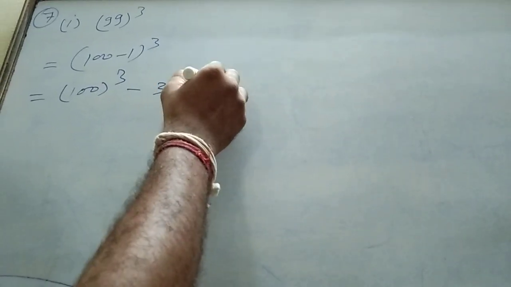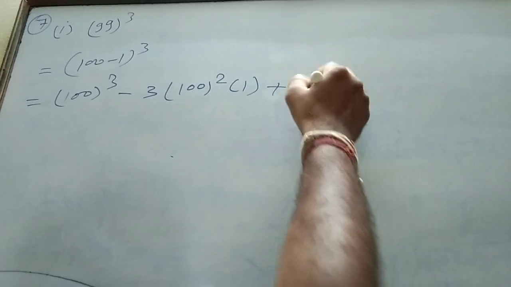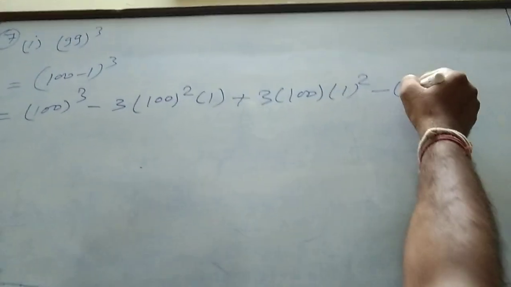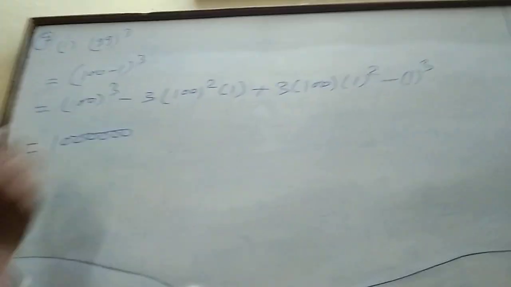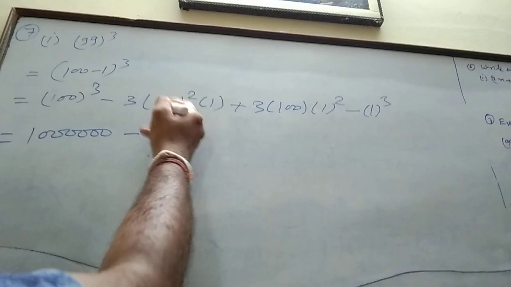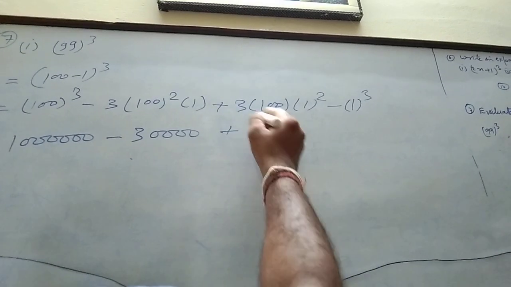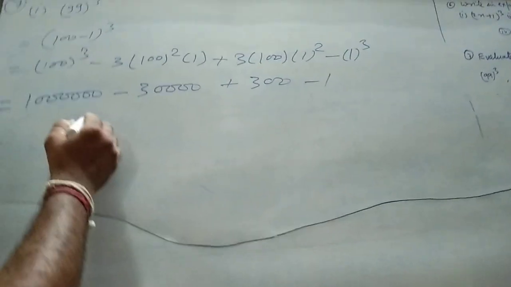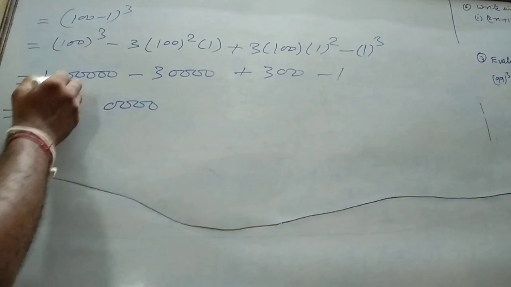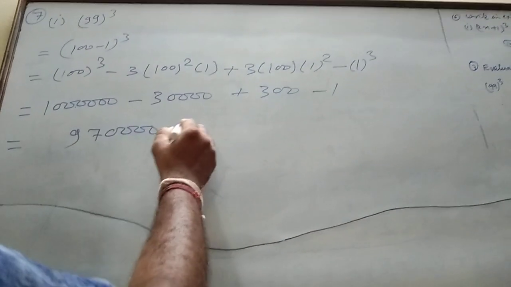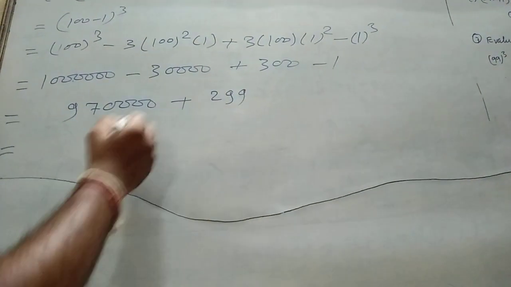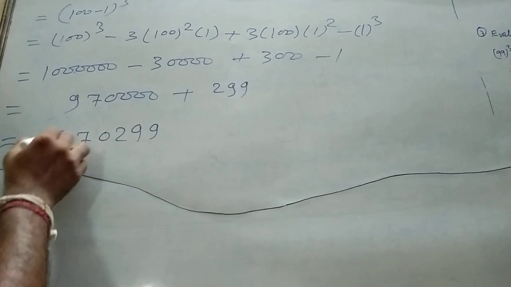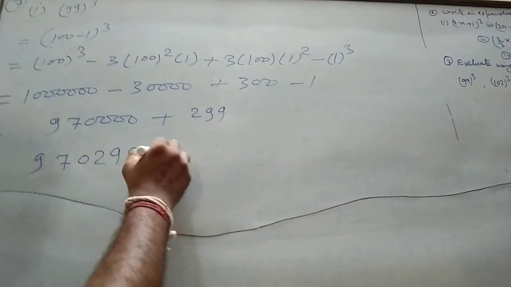Applying the formula (a − b)³, we write 100³ − 3a²b + 3ab² − b³. Subtracting 300 from 1000000 and so on, finally we get 970299. This is your answer.